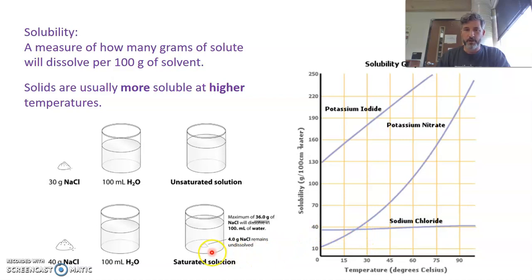The other 4 grams, 40 minus 36, should just fall right down to the bottom. This is called a saturated solution because we have the maximum amount of dissolved salt that we could have, and the rest falls to the bottom.